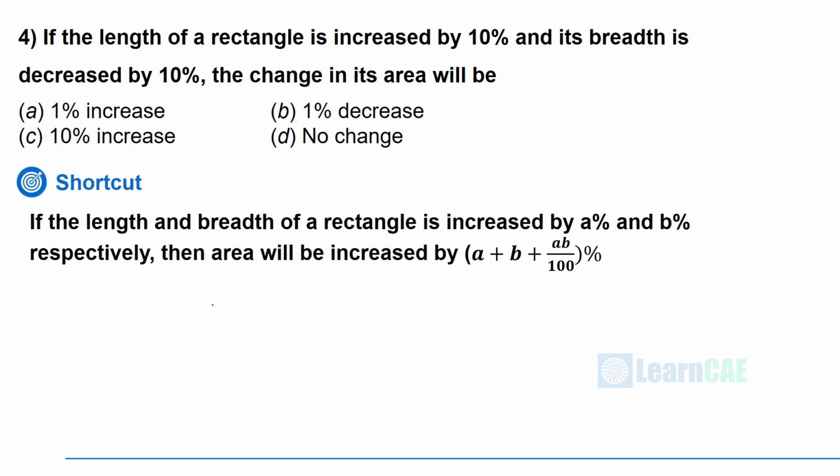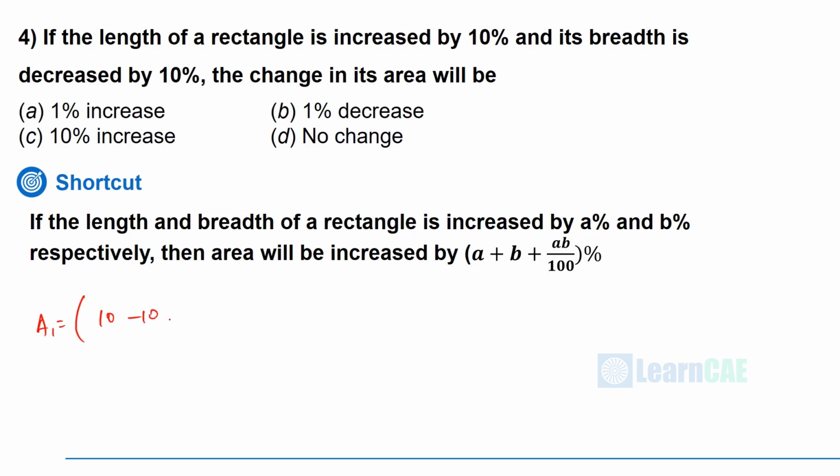You can note that if the length and breadth of a rectangle are increased by A% and B% respectively, then the area will be increased by A plus B plus AB by 100 percent. We shall solve this using this formula. You can choose whichever method is convenient or easier for you. So the new area: length is increased by 10% and breadth is decreased by 10%.